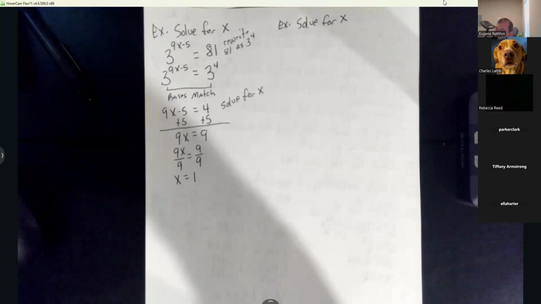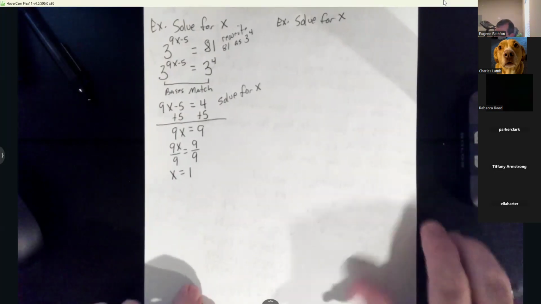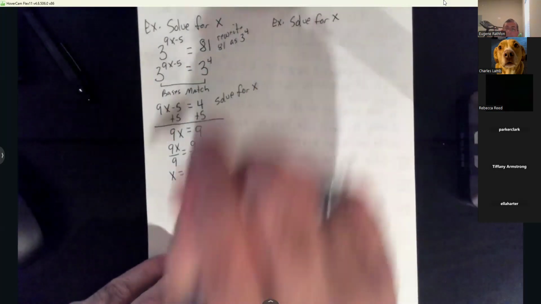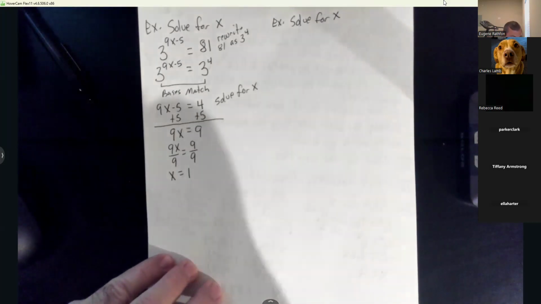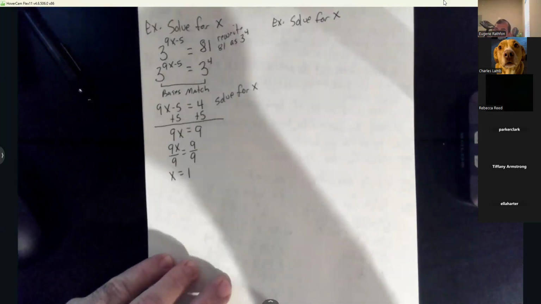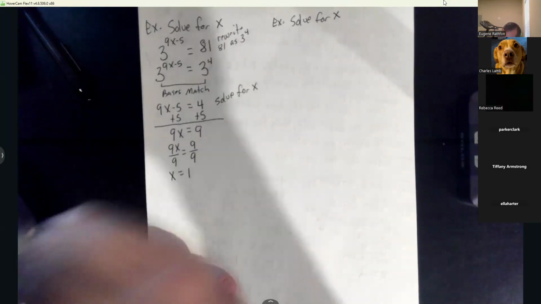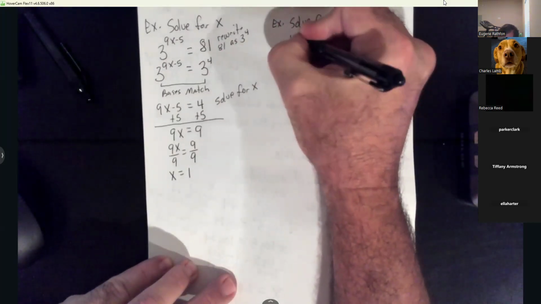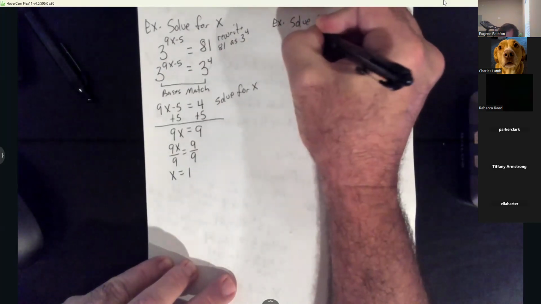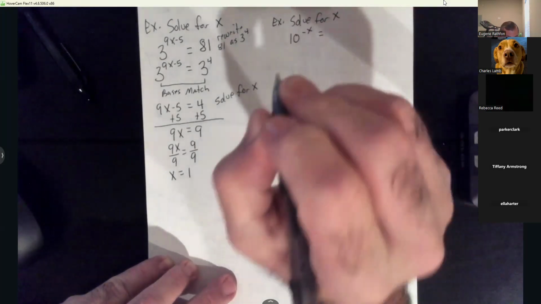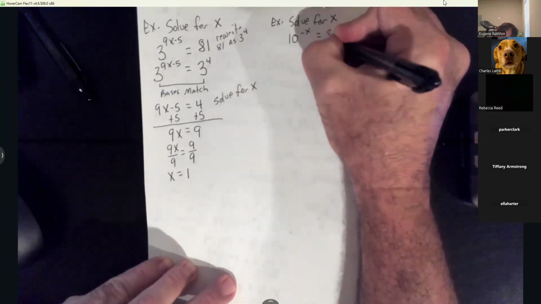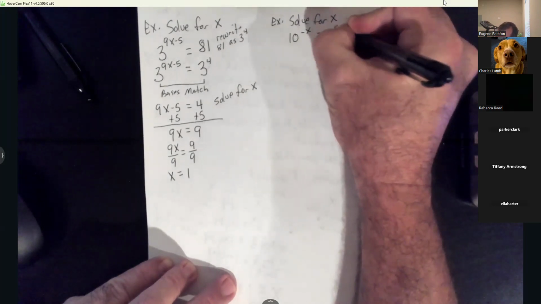All right, y'all, this number 6 is a tricky one. Number 6, the one I'm about to do is like number 6, and it's a really tricky one. So let's go. I've got 10 to the negative x equals 8 to the 5x.